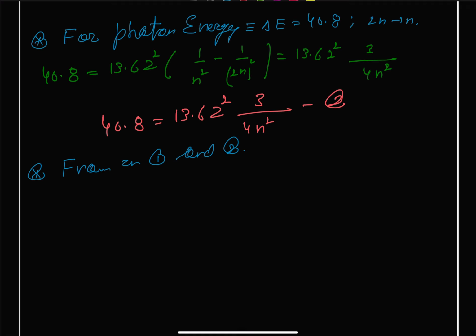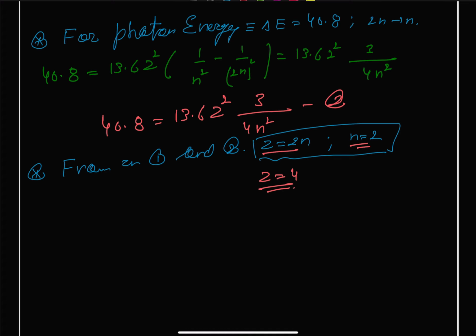So we get Z is equal to 2n and the value of n will be equal to 2. Based on n being 2, we get Z is equal to 4.